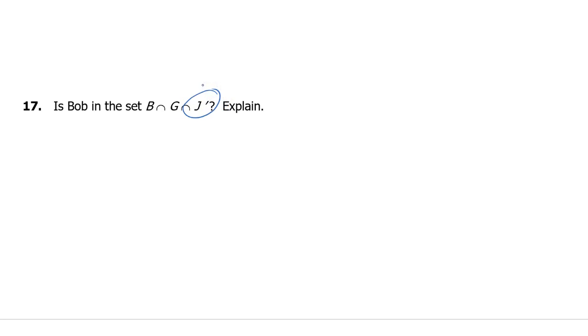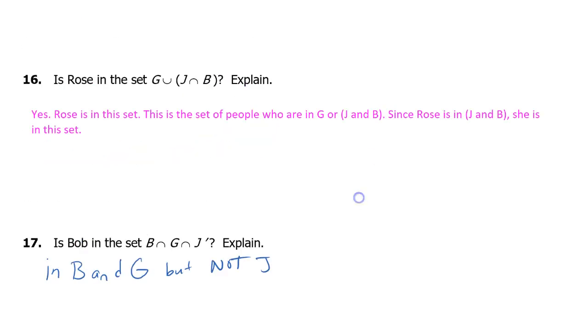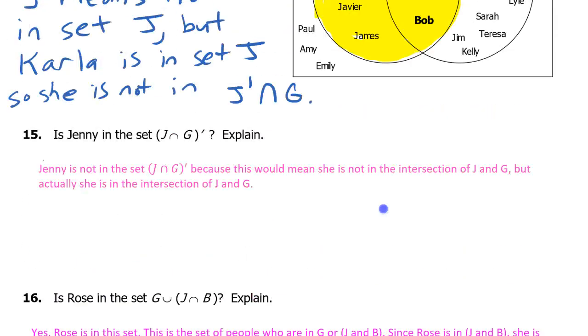J complement means not J. So we're going to shade the region that is in B and G but not J. That's what we're about to shade. B and G but not J.